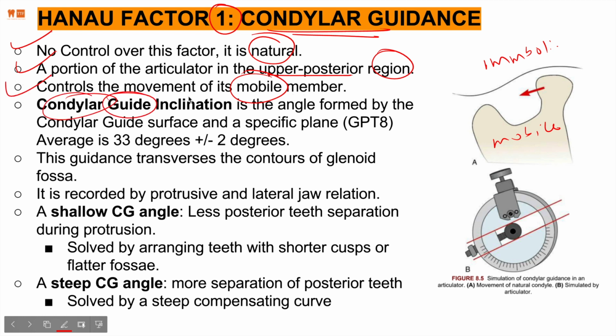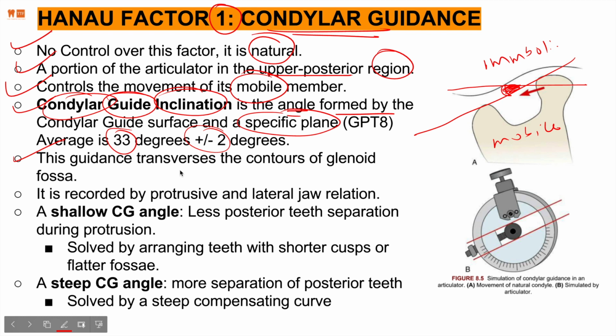Condylar guidance inclination is the angle that is formed by the condylar guide surface, right? Condylar guide surface, and a specific plane. And by specific plane, we mean horizontal plane. This right here. The average is 33 degrees plus or minus 2 degrees. This angle right here is 33 degrees.